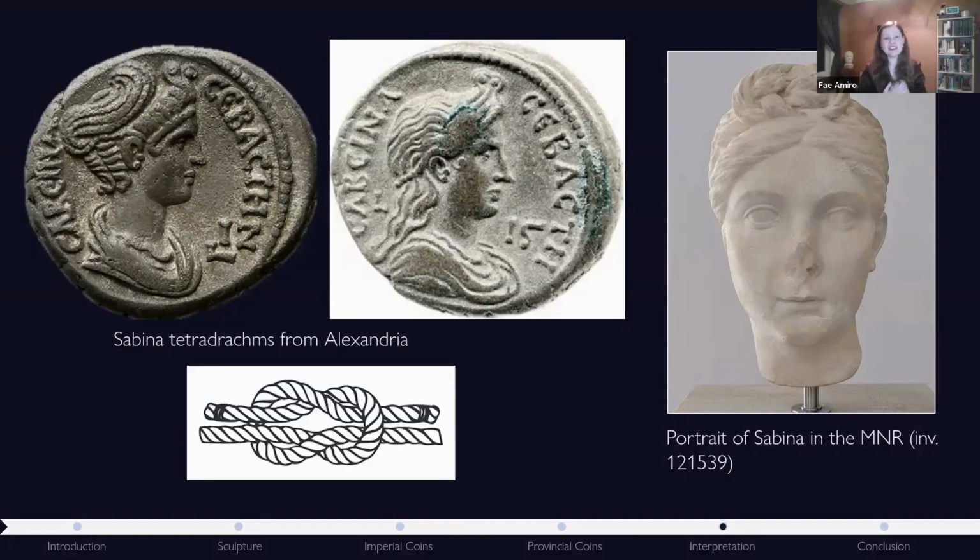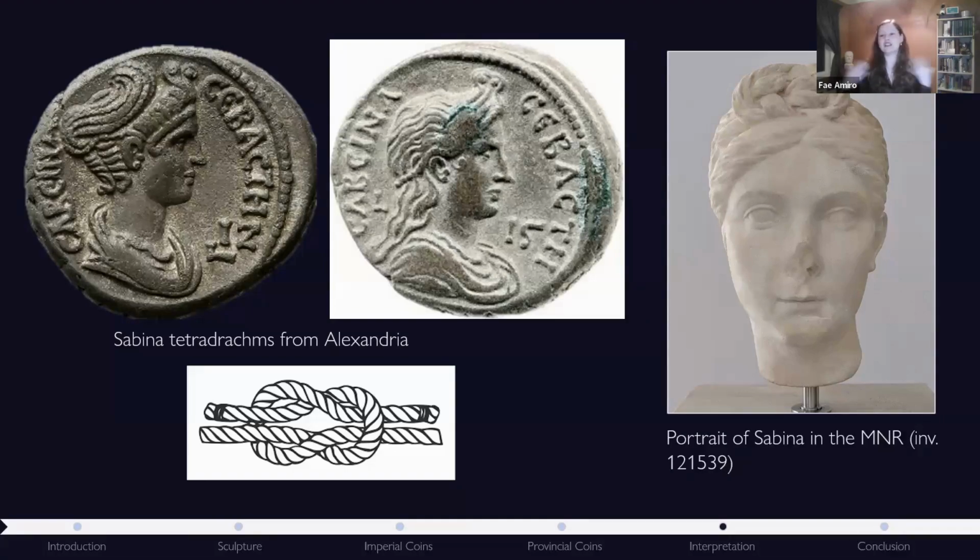But what's important here is that we have this connection that is uniquely found on provincial coins from Egypt, as well as private imperial sculpture at the villa. Now, the Villa Adriana is well known for its Egyptianizing art. This is something that Hadrian was very into at the time. There's all those famous Antinous as Osiris portraits from the villa.